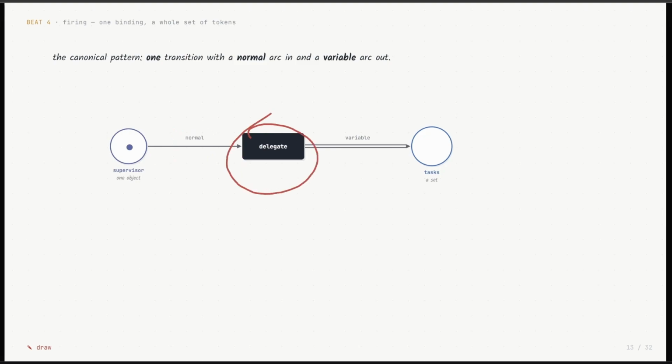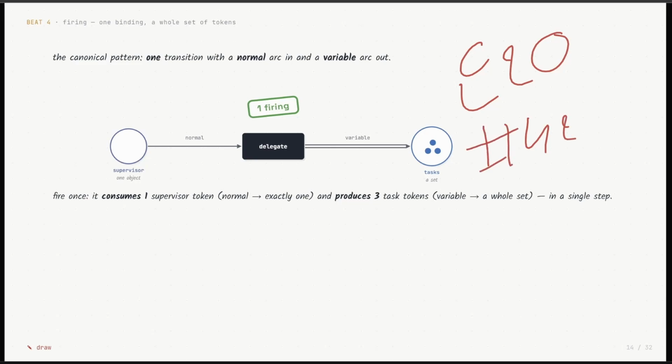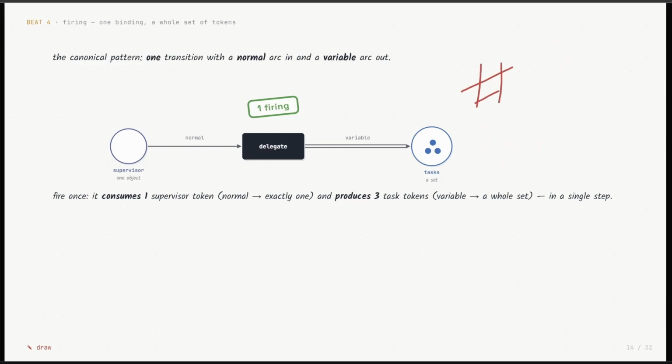Let's say we fire this. What will happen? When we fire, this arc is variable. It can be 3, it can be 4, it can be 7. But in this instance, for the supervisor, we have an E2O table, event to object table. We look it up. We say supervisor number 42, for example, and we see how many objects number 42 maps to on the object side.